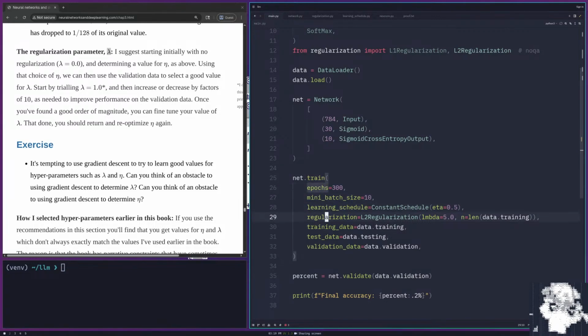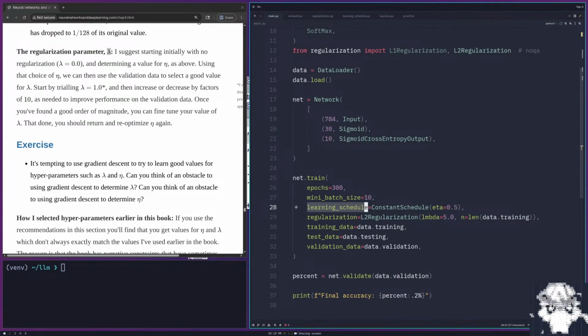The learning schedule makes sense inside training because that's not really a hyperparameter. Or I mean, it is a hyperparameter, but you're not searching for a hyperparameter. You know what I mean? The learning schedule is a hyperparameter, whereas the regularization schedule is not.